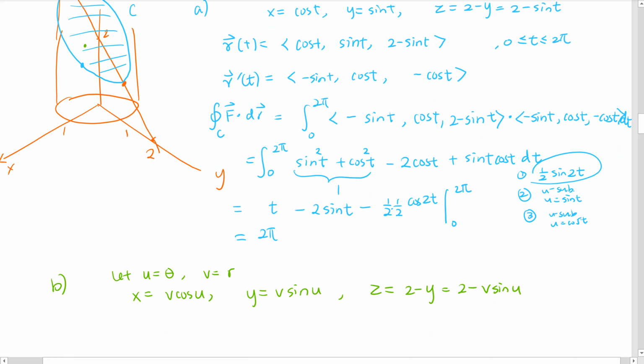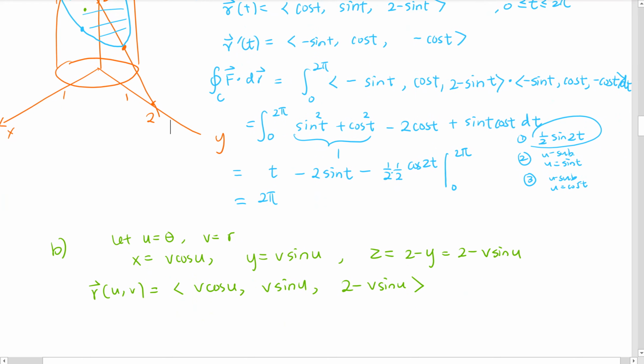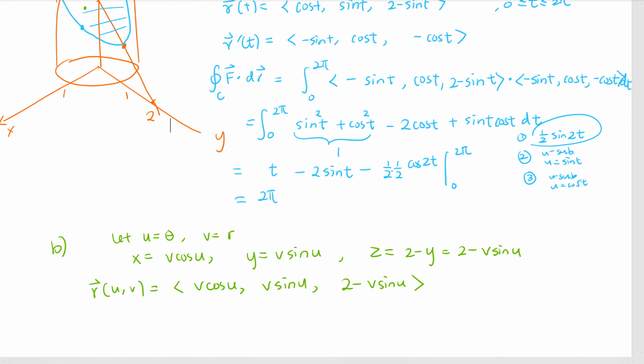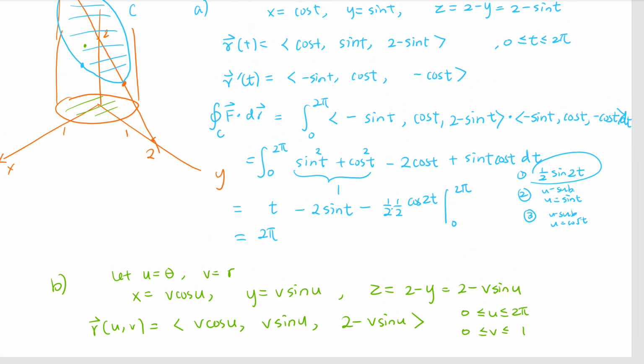So our parameterization of u, v is v cosine u, v sine u, 2 minus v sine u. And what about u and v? So u is the angle between 0 and 2 pi. V is the radius between 0 and 1, because if you project down, it's inside the unit circle. Right? Okay. Now, what's t_u?